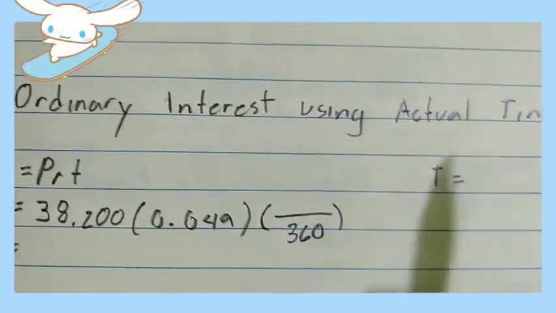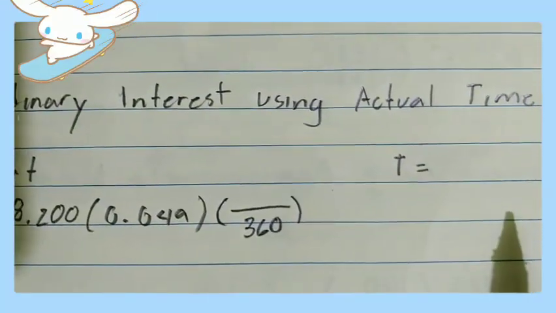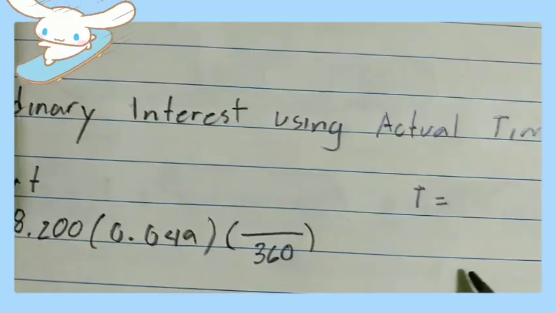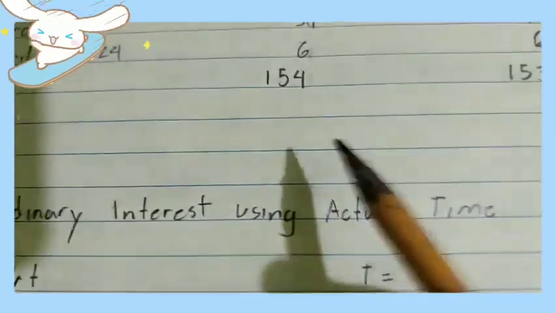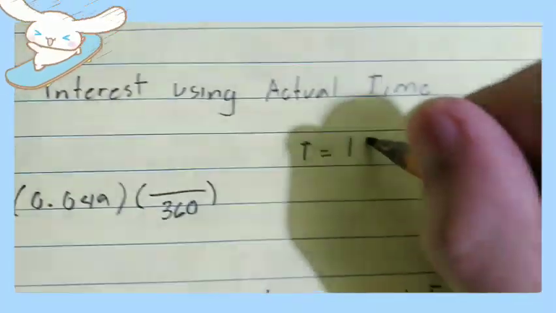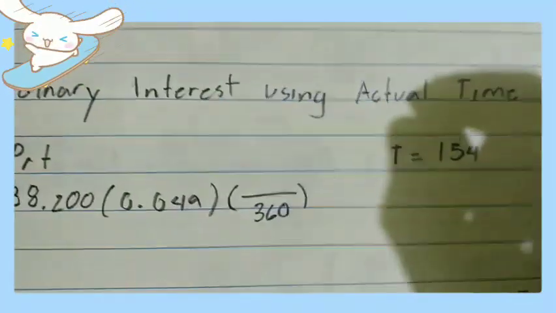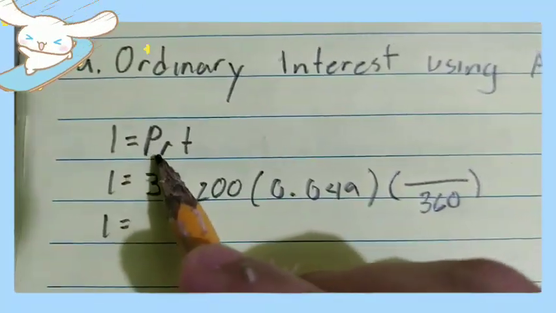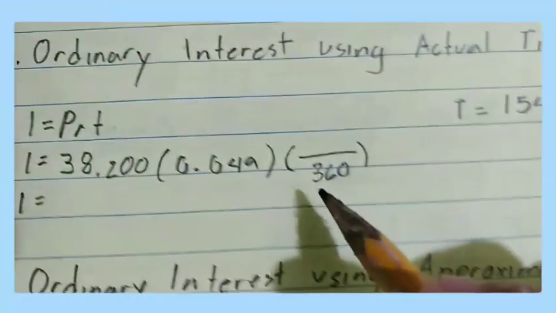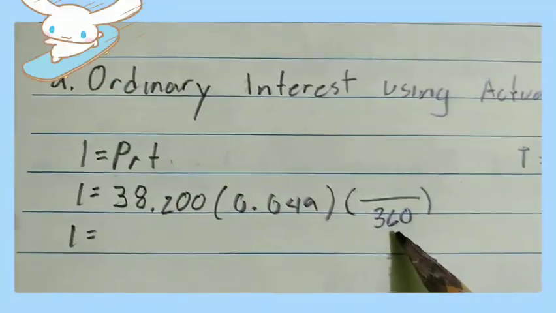Ordinary interest using actual time. So our T here is actual time. And what's our actual time is 154. And we will put the T here because the formula is PRT. And 360 is our year.